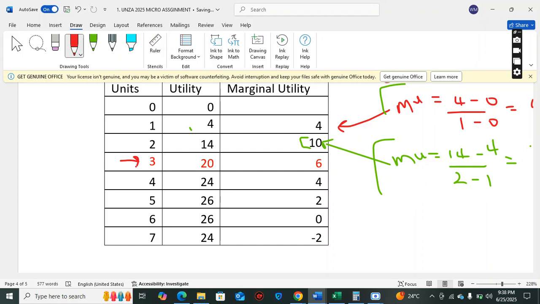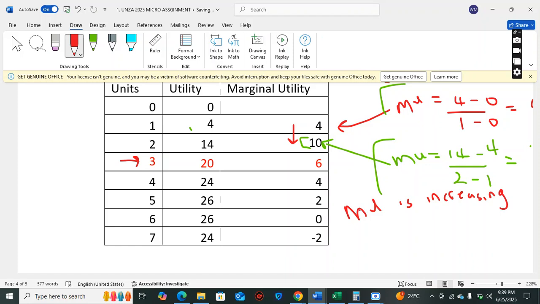Now I need you to pay attention to this part here. When the marginal utility is increasing, as you can see here, the marginal utility is increasing from 4 to 10, your total utility increases at an increasing rate. You might want to write this down, as Professor Bueno says.